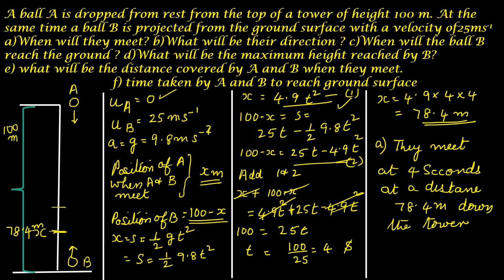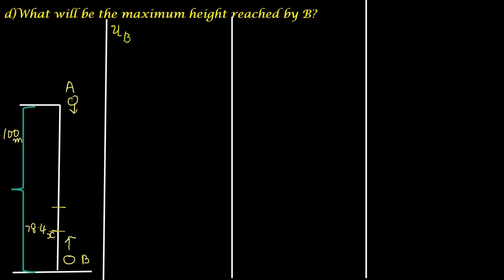What will be the maximum height reached by B? The initial velocity of ball B is 25 meter per second, and at maximum height its final velocity v will be equal to 0. Since it is moving in the upward direction, its acceleration is equal to negative g, equal to negative 9.8 meter per second square.